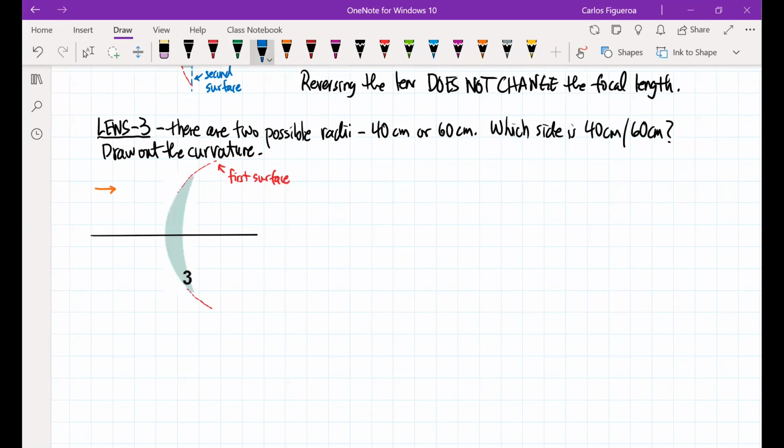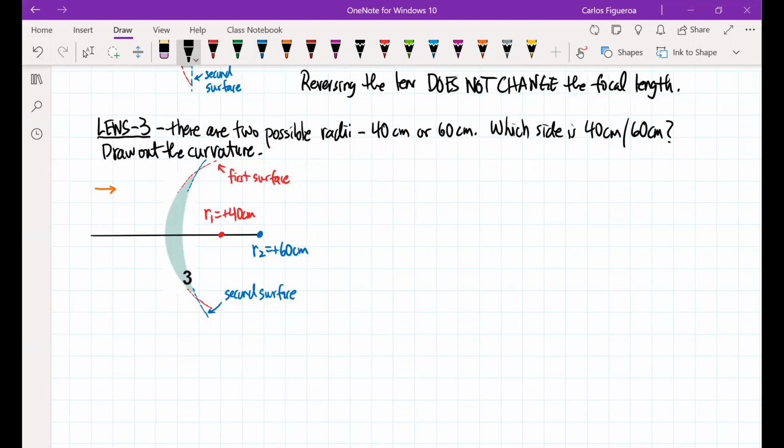Now look at the second curvature. So if I follow the second curvature, you could see that the second curvature here has a larger radii. So what this tells me here is that R1 in this case has to be positive 40 centimeters. And then R2 has to be positive 60 centimeters. It has to have a farther out one.